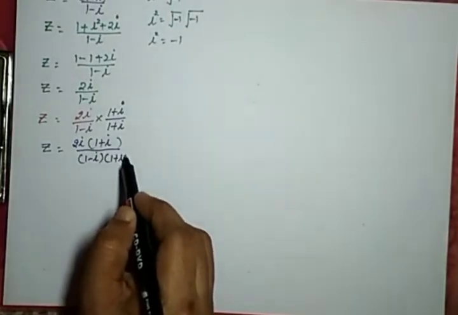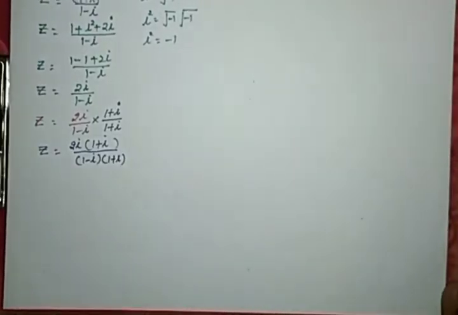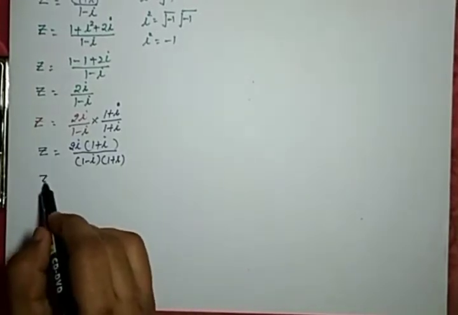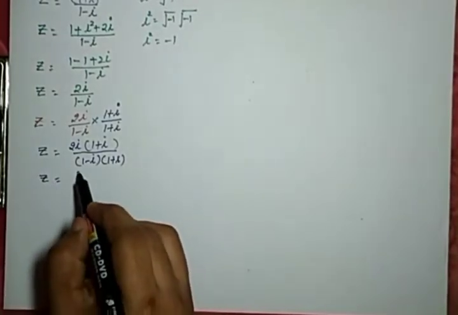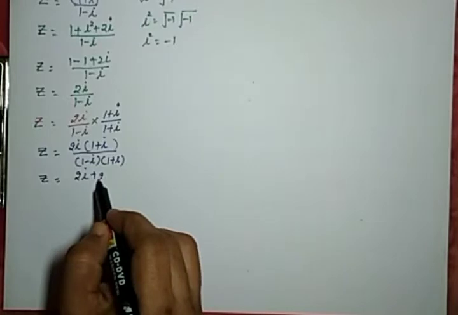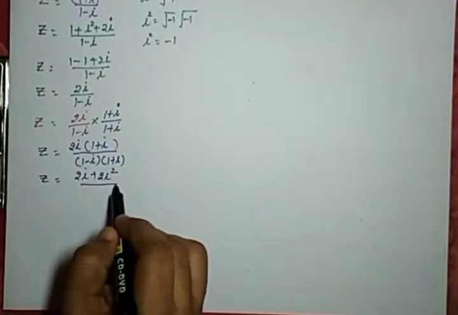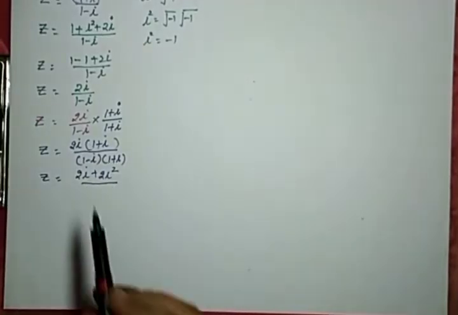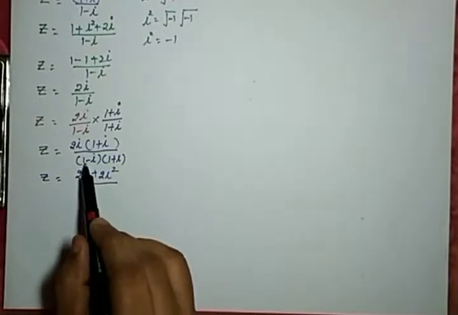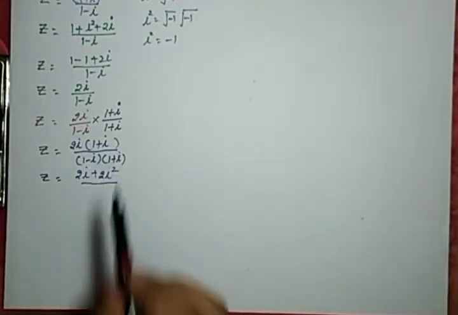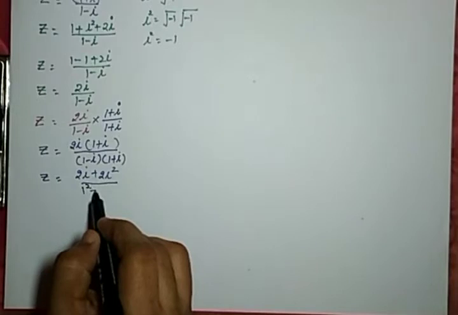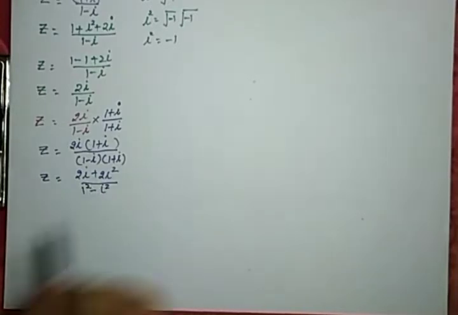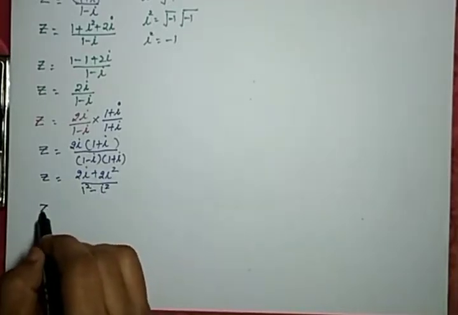So now z is equals to, open this bracket, 2 iota plus 2 iota square, and in the denominator it is of the form a minus b, a plus b. So you can write 1 square minus iota square. So what is the value of z?